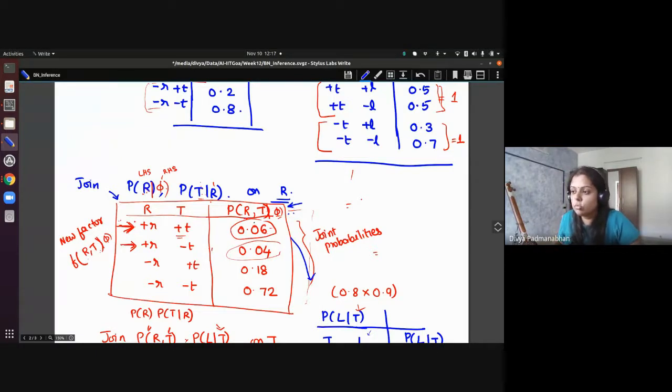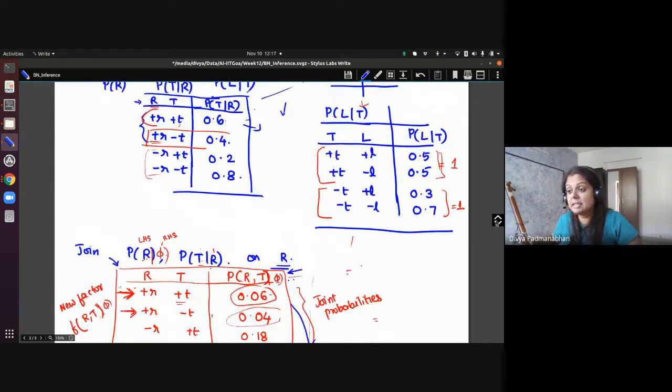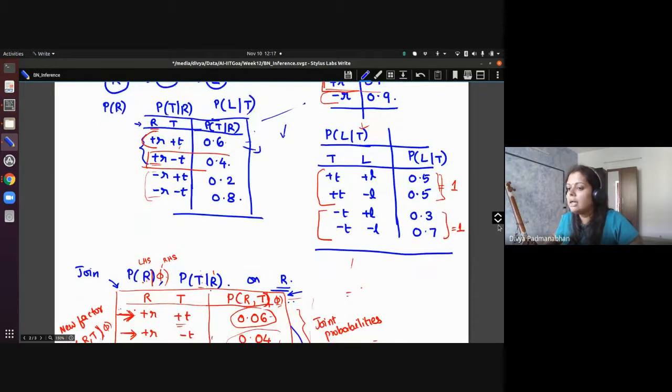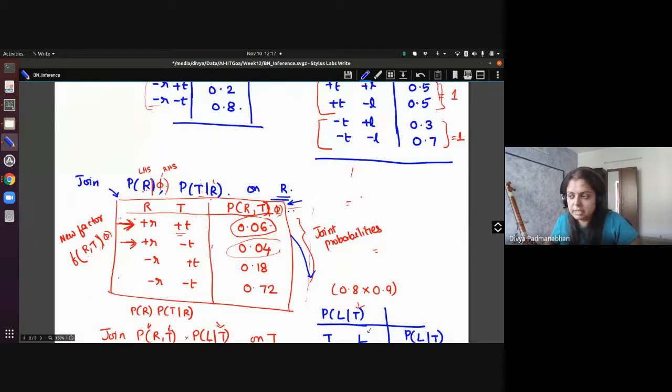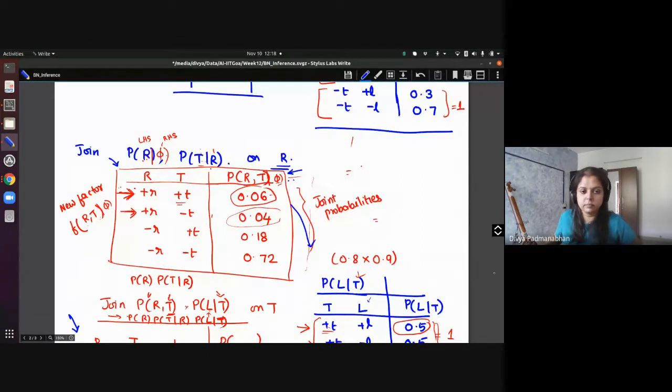And if you want to eliminate T from here, right? I want a new factor which only contains R, right? So how will I do that? Or maybe let's just say we want to eliminate R because we started off with P of R and P of T given R. So let's say I want to eliminate R from this table. Okay, I want a new factor which just has T. So let me just copy this.